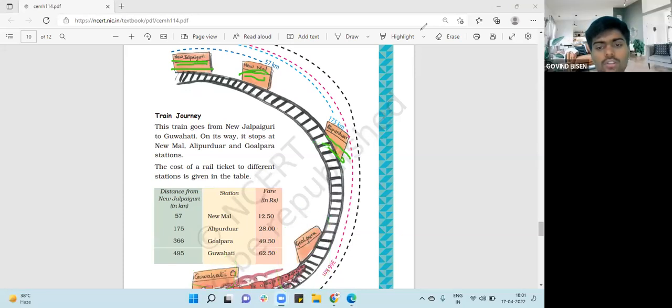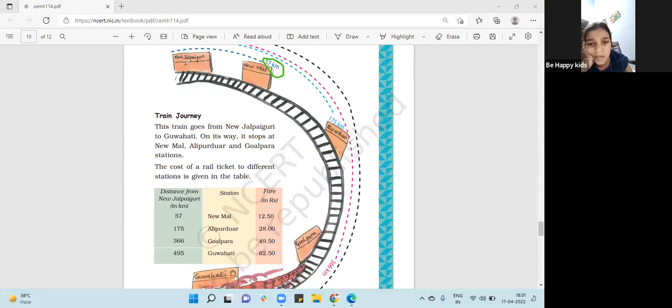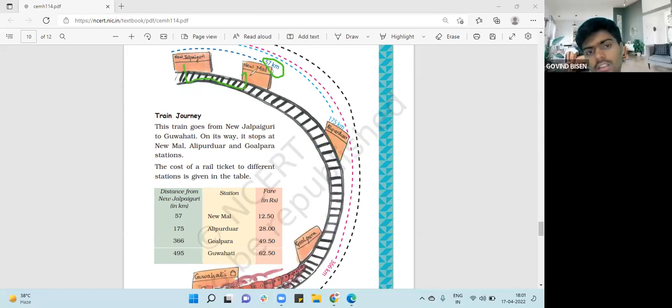So we have the distance also with us. What is the distance between New Jalpaiguri to New Mall? It's written there, right? Between New Jalpaiguri to New Mall, it is 57 kilometers.